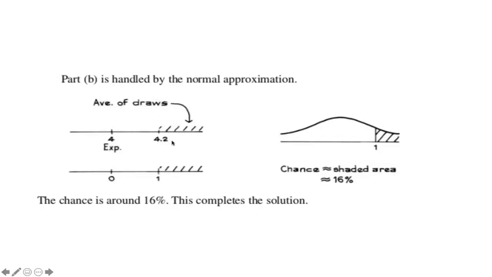The math behind that is 4.2 minus the average, 4, which is 0.2, divided by the SE, which is 0.2, gives you a 1. So to find the answer, I figure out the probability that my Z-score is 1 or bigger. That's exactly from the Z-table, and I get that the probability is 16%.